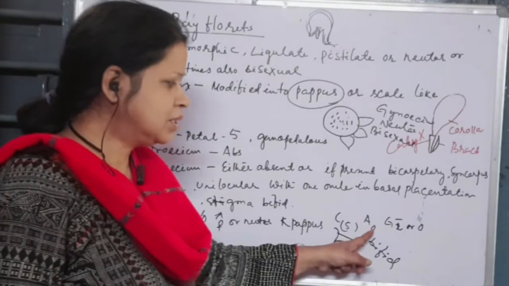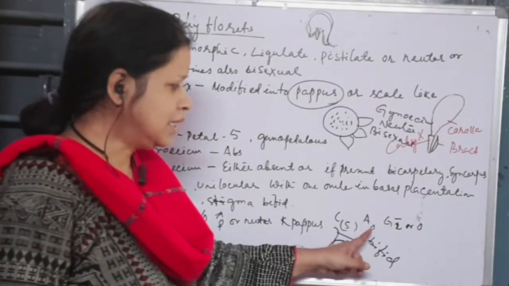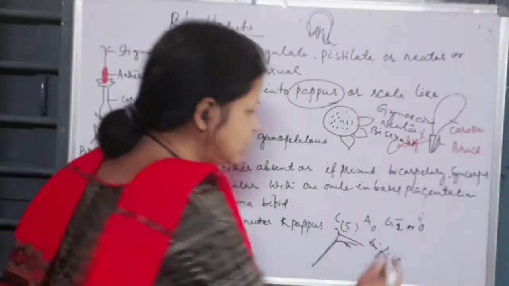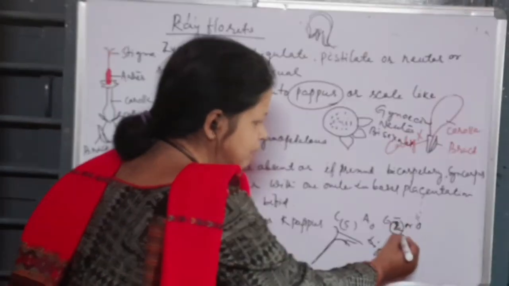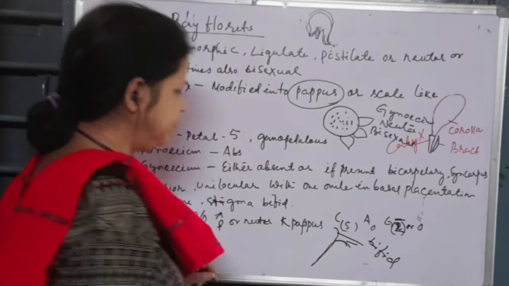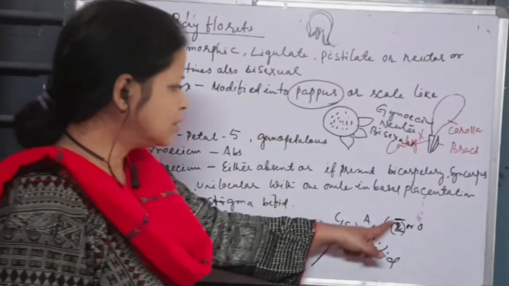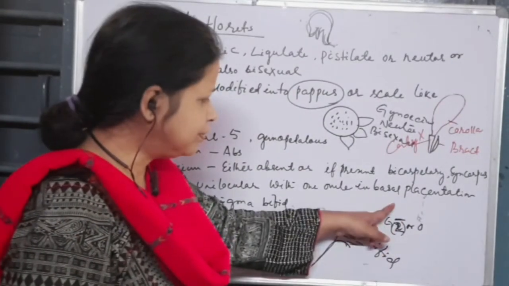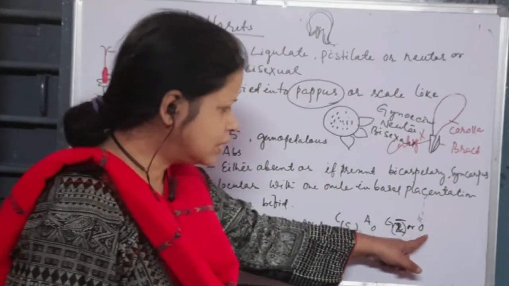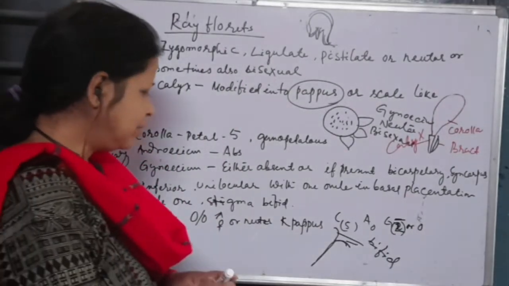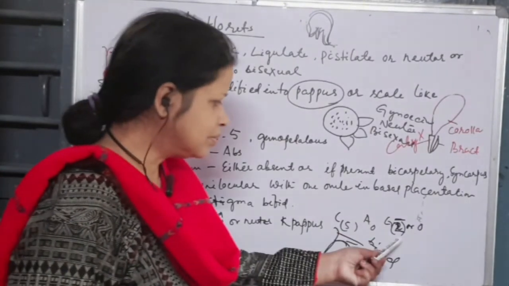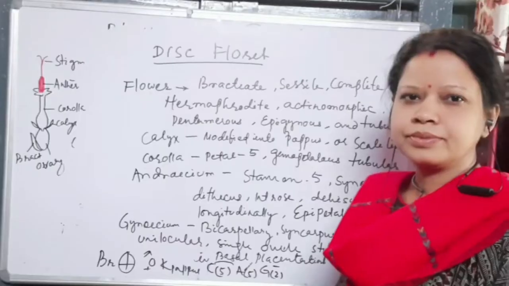Number of stamens 0, or absent, so A 0. Number of carpels 2, bicarpellary, so syncarpous. Inferior ovary, so there is a bar above G, or it is 0. If it is a neuter floret, then carpel 2 or 0.